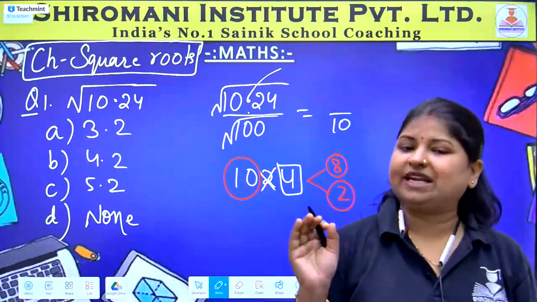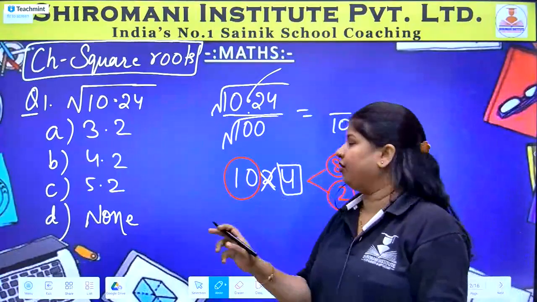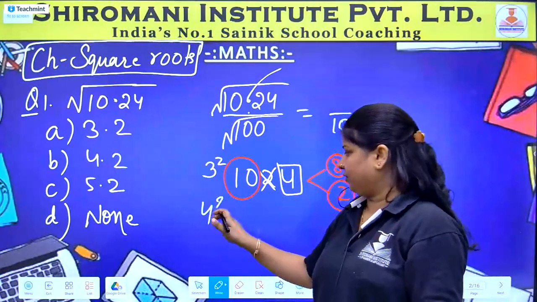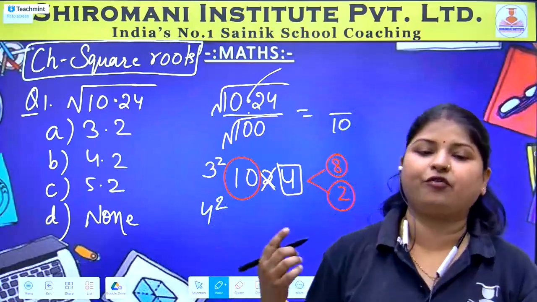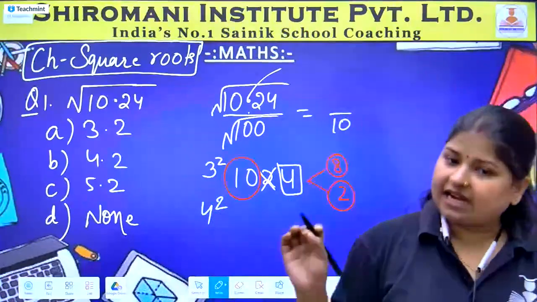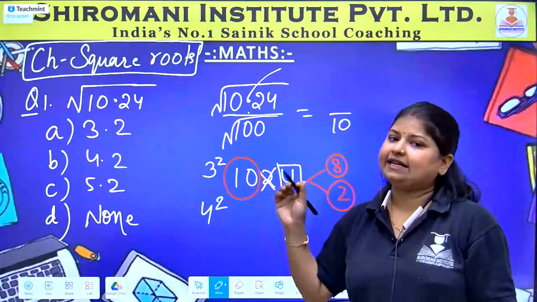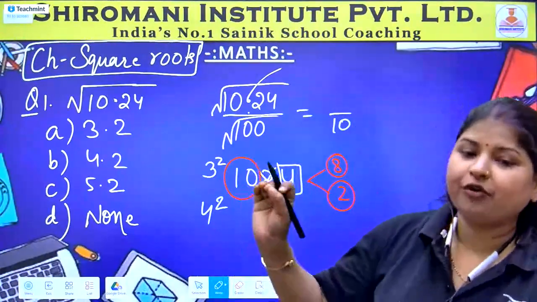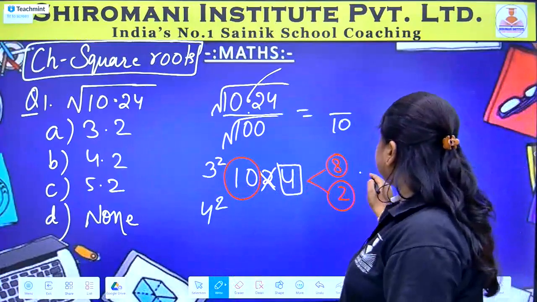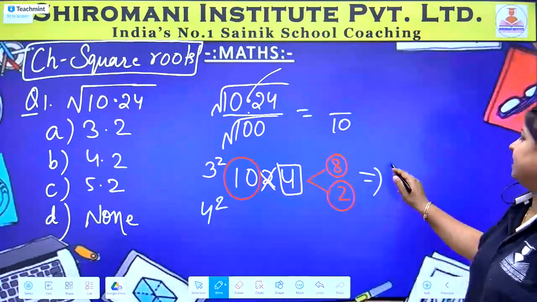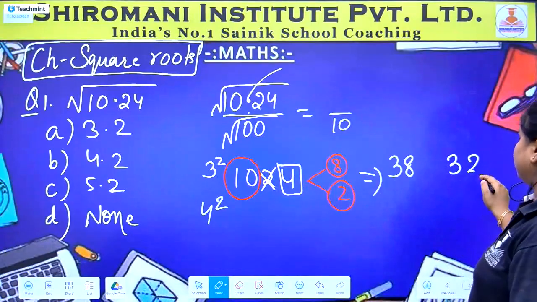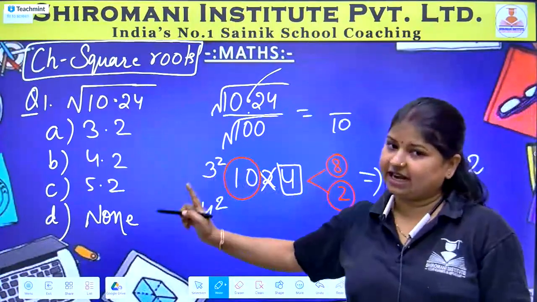10 comes between the square of 3 and 4, right? Because 3 threes are 9 and 4 fours are 16. That means this 10 comes between the square of 3 and 4. So I shall take the lesser digit, that is 3.